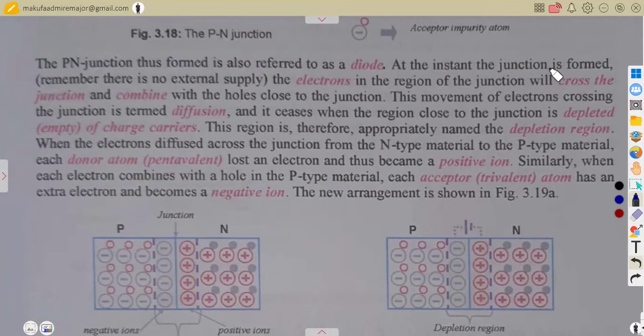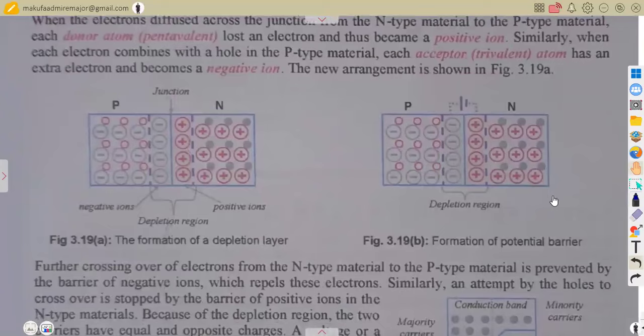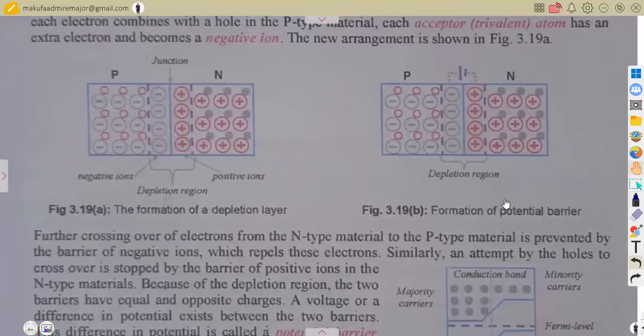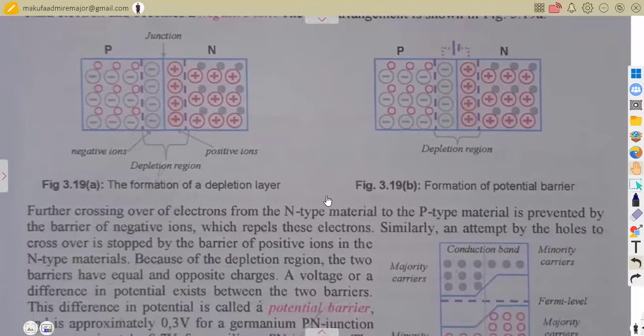At the instant the junction is formed, remember, there is no external supply. The electrons in the region of the junction will cross the junction and combine with the holes close to the junction. So guys, if you go through your notes, you can understand much more, because your textbook explains some other things as we explain.